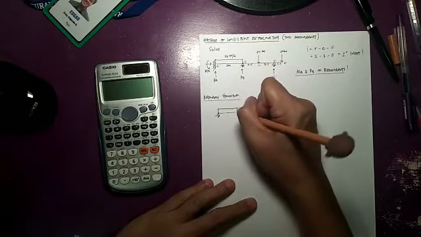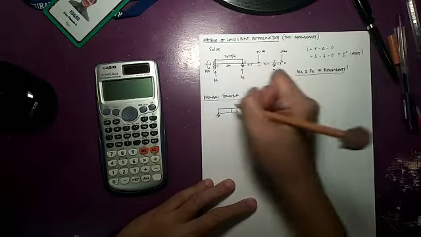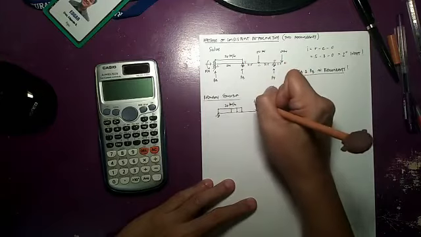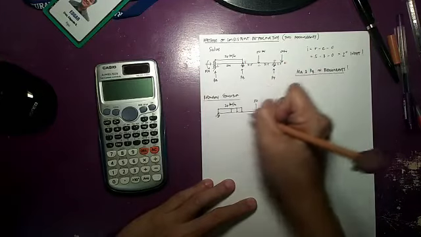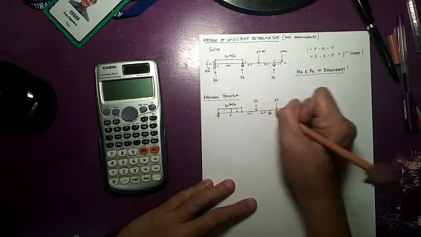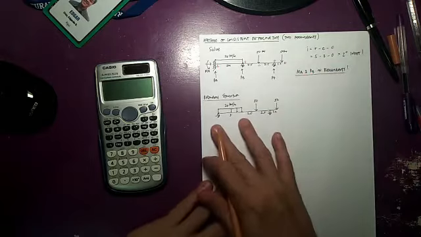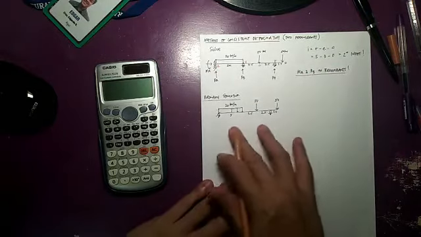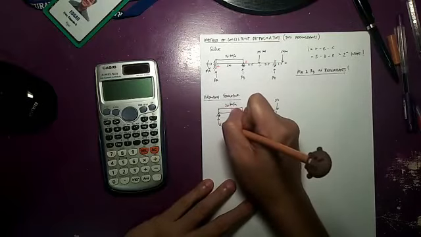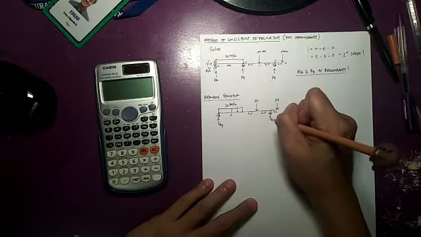Then copy the loads. So this is now our primary structure. This is 5 meters, 2.5, 2.5, and this is 1. As you can see, our primary structure becomes determinate already. We'll have the reaction, say AY, and the reaction here, say DY.